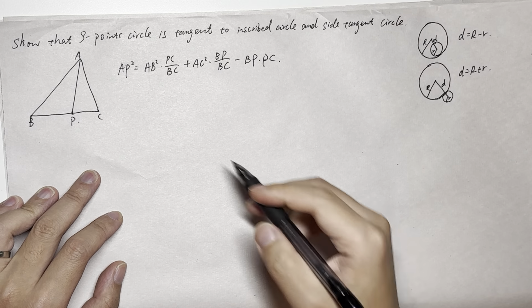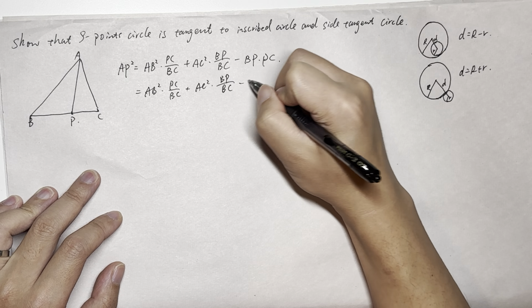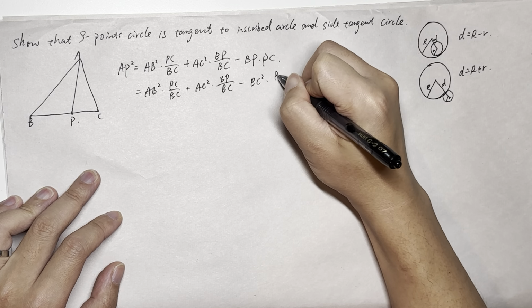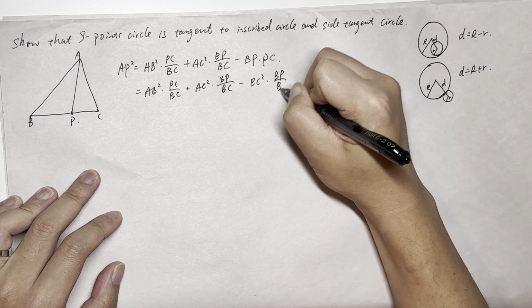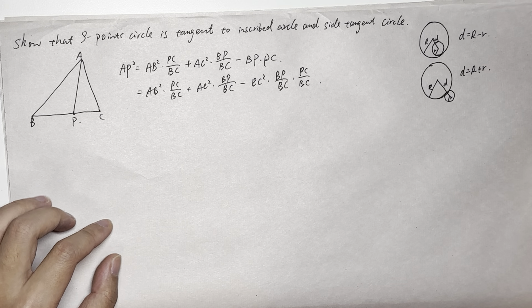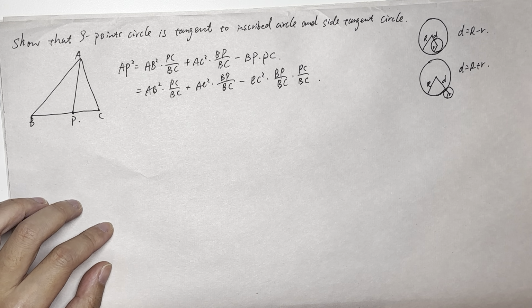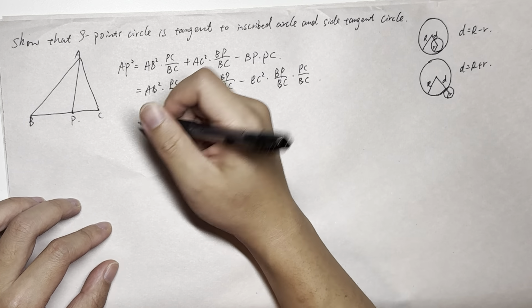In some cases, we can rewrite this as AB squared times PC to BC plus AC squared times BP to BC minus BC squared times BP to BC times PC to BC, right? That's Stewart's theorem.